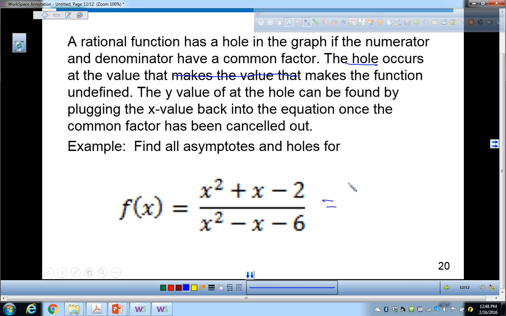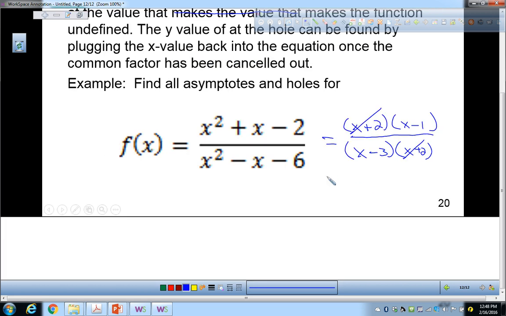So, can you guys tell me how to factor this? X minus 1. So here's where you got to practice your factoring. On the bottom, x minus 3 times x plus 2. What happens with those x plus 2s? They cancel out.